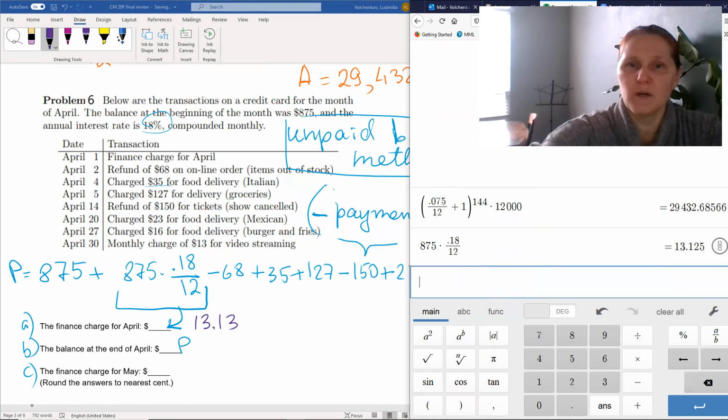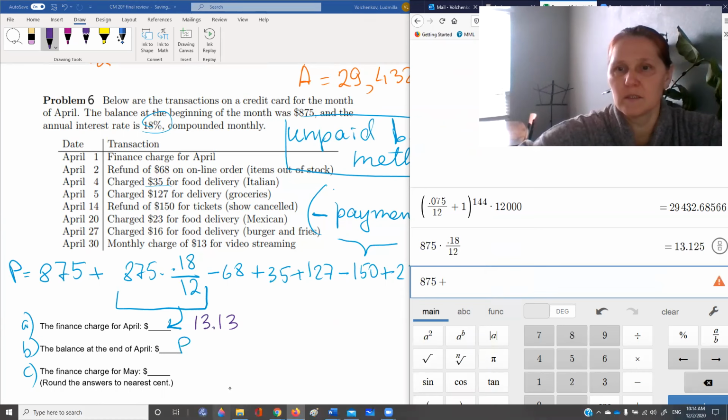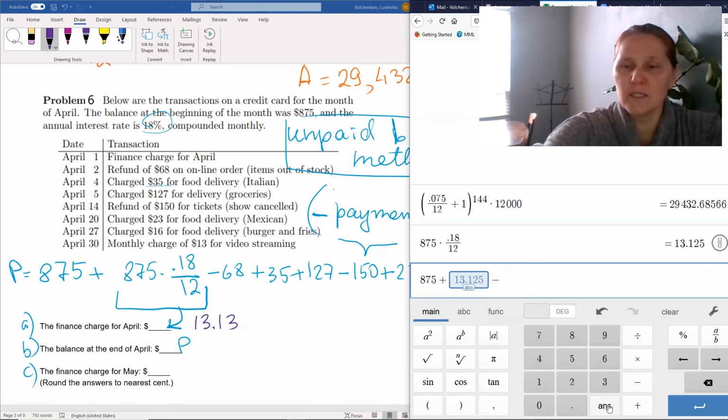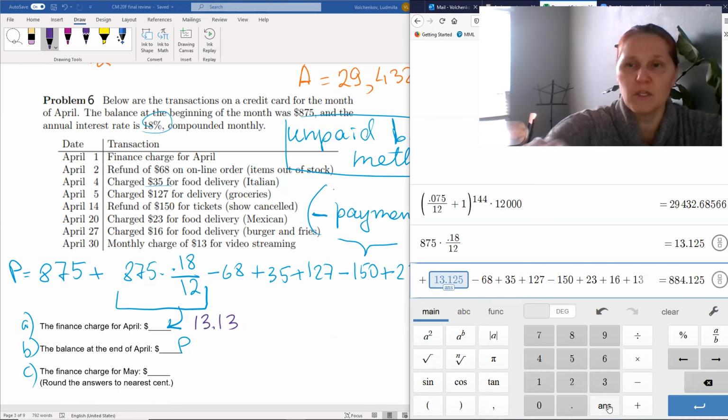So then we find the balance. 875 plus the answer from the previous step, minus 68 plus 35 plus 127 minus 150 plus 23 plus 16 plus 13.